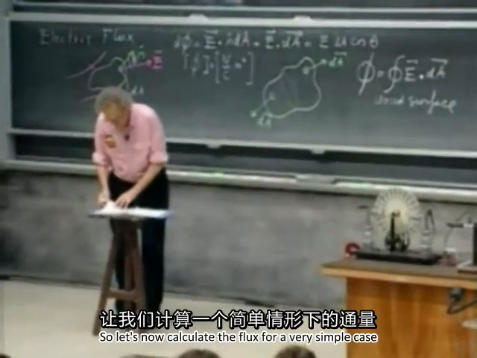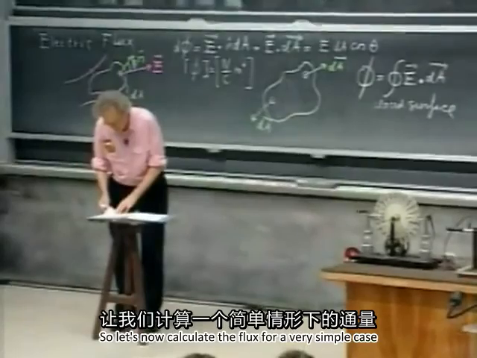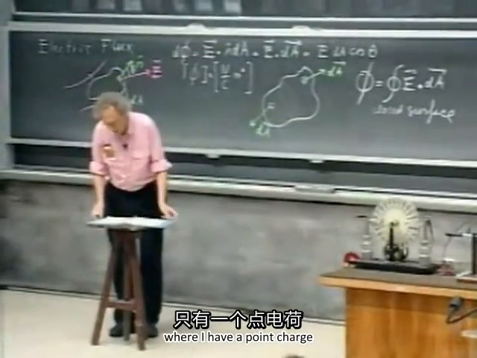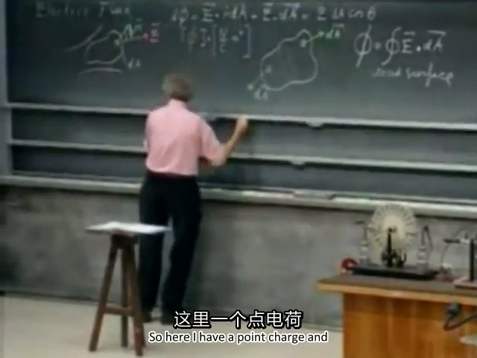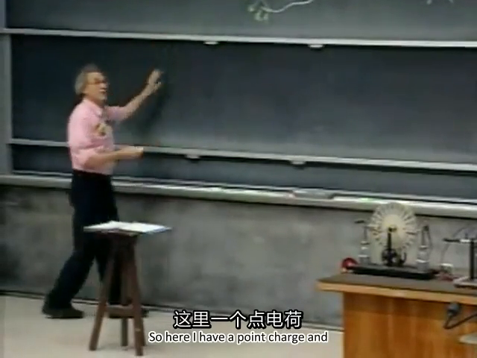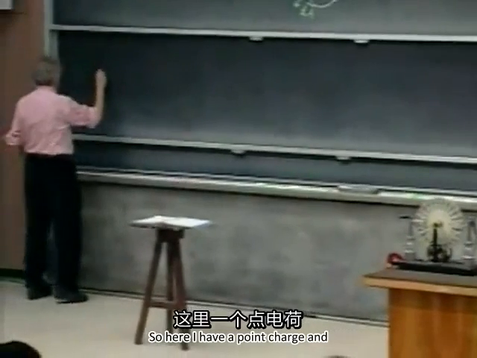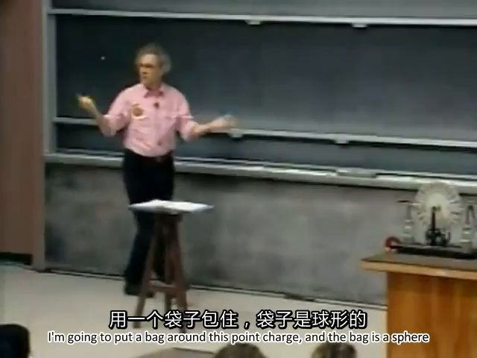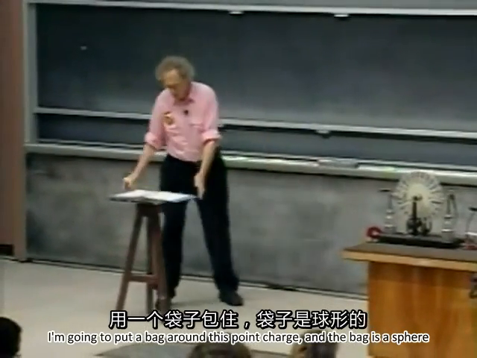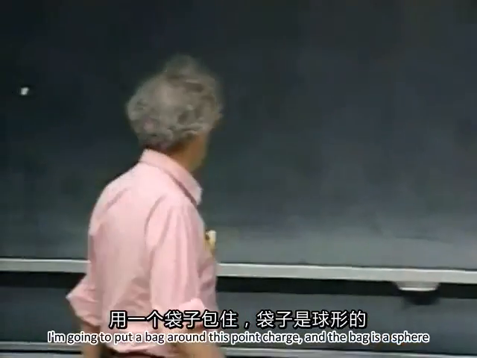So let's now calculate the flux for a very simple case where I have a point charge. I have a point charge, and I'm going to put a bag around this point charge, and the bag is a sphere.